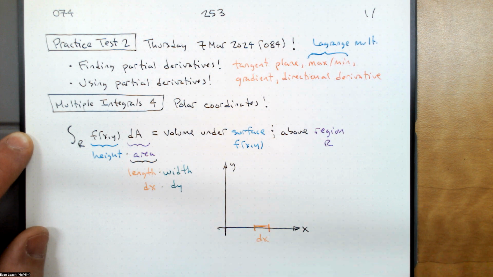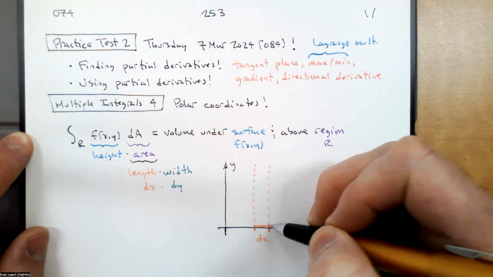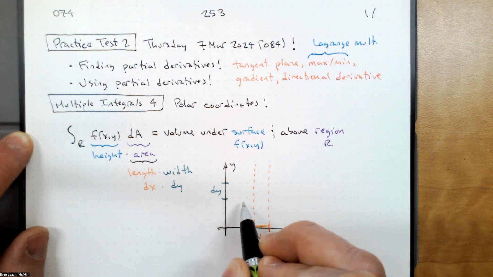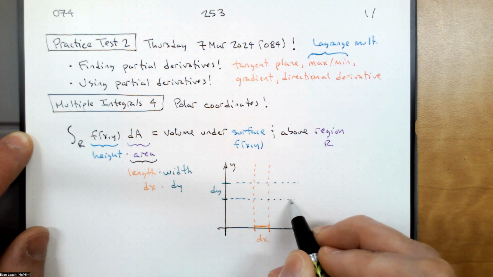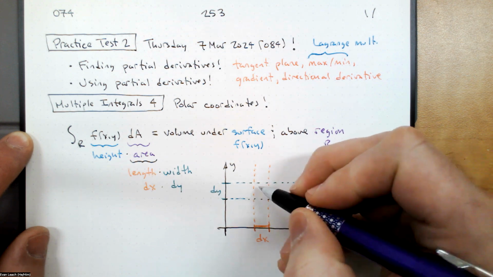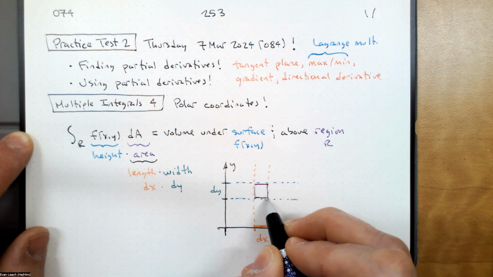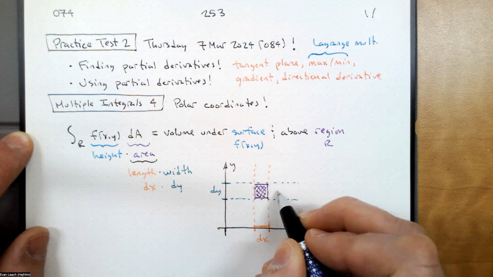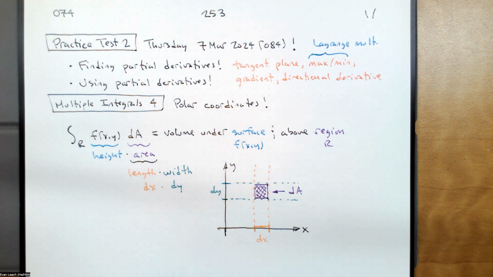In this case, I'm going to have a gigantic dx, times dy. So this is our view from above, and this rectangle here is the dA. So that dA is some small part sitting inside the region R.